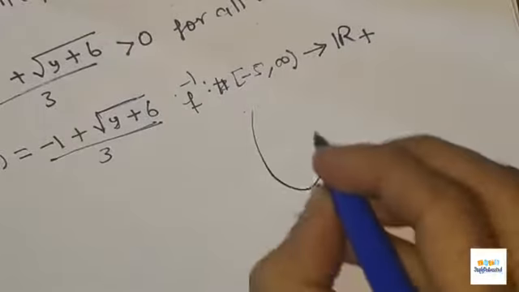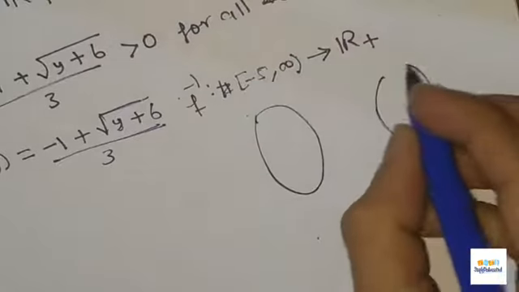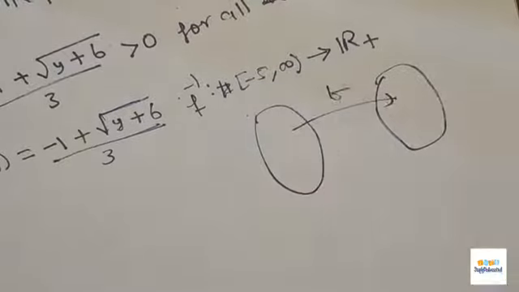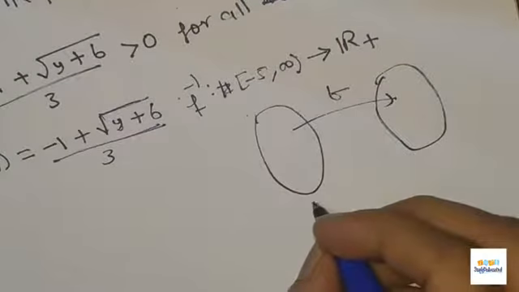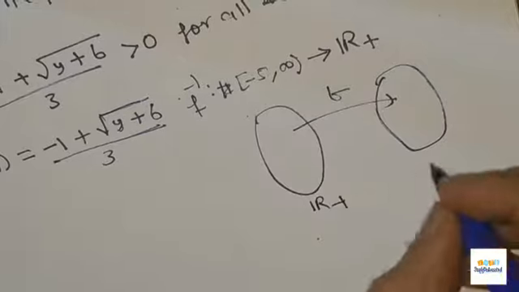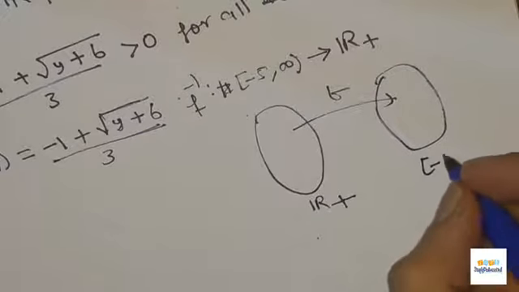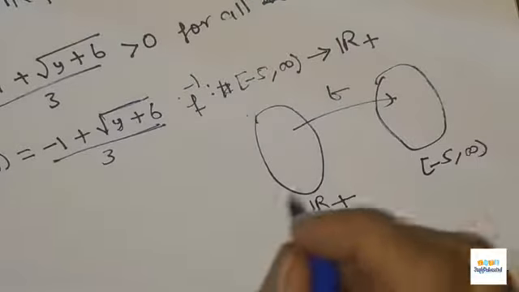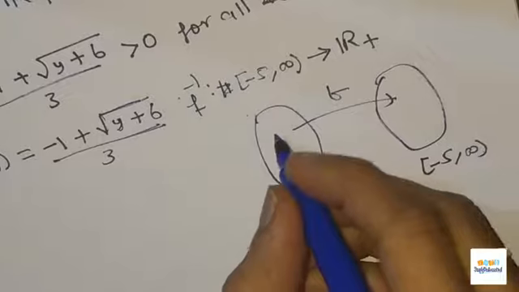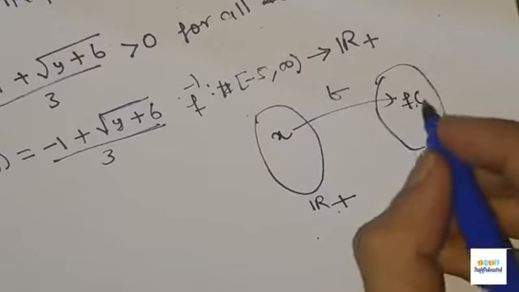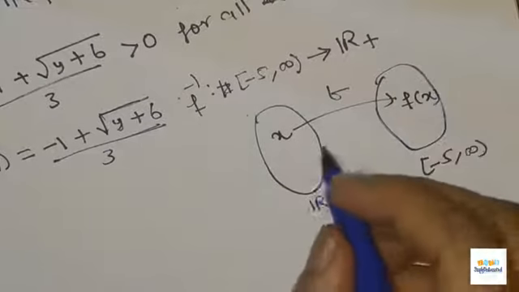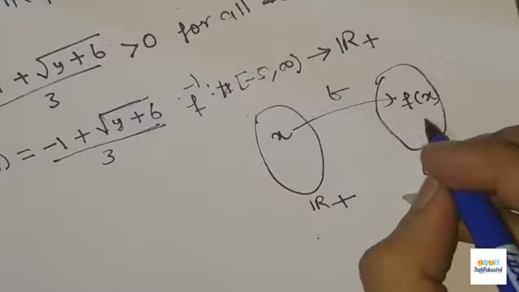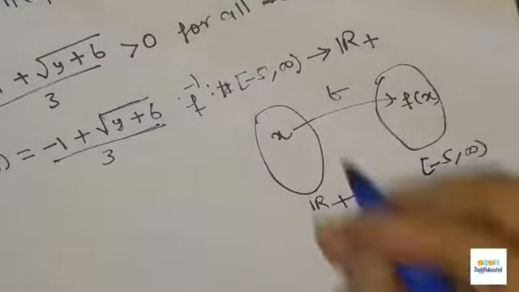So if you have the domain here, and the codomain of the function f, the domain is R plus and the codomain is minus 5 to infinity, right? So this function f takes x to f x.